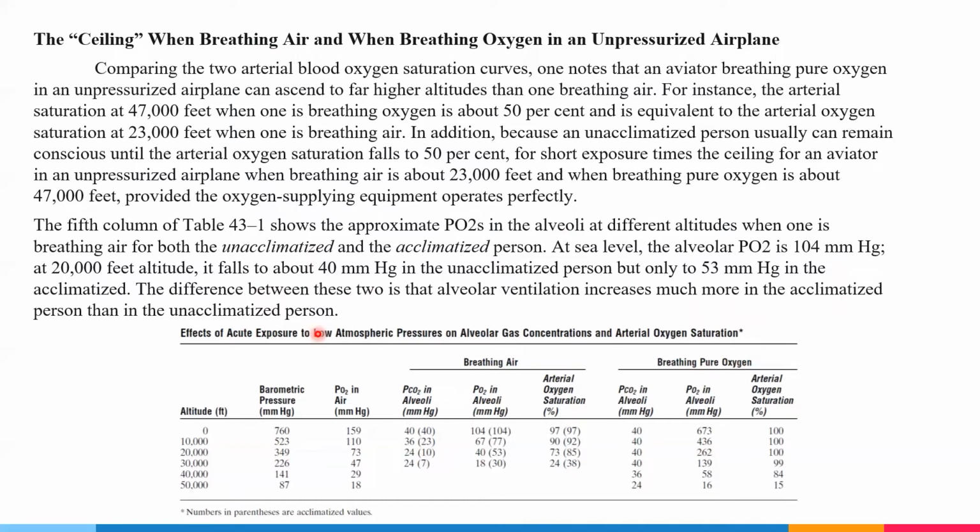And as we have already discussed in the last lecture, in an acclimatized person, the regulation of breathing is no longer dependent on the concentration of carbon dioxide present in their blood, and that is why the alveolar ventilation rate can increase much more, and this is the determining factor which results in higher PO2s for the acclimatized person. If we are having difficulty in recalling this information, we can always go back and refer to the previous lecture in which we have discussed this particular regulation in detail.